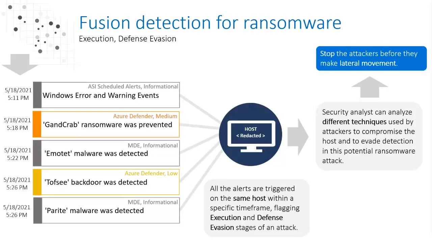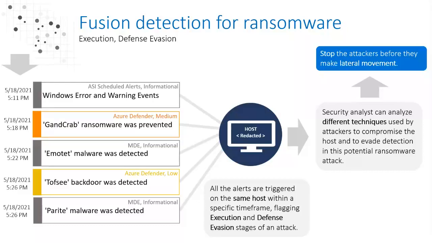And then this is a quick example of the ransomware detection scenarios from our Fusion detection. On the screen, you can see we have 5 alerts from Azure Defender, Microsoft Defender for Endpoint, and scheduled analytics rules. These 5 alerts were triggered on the same host within 15 minutes.